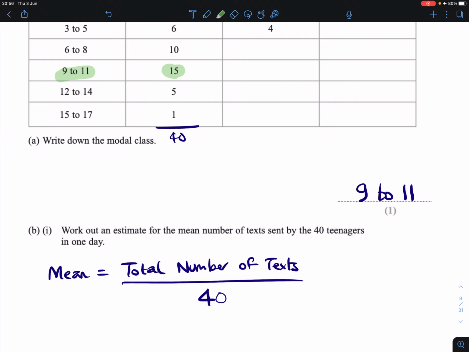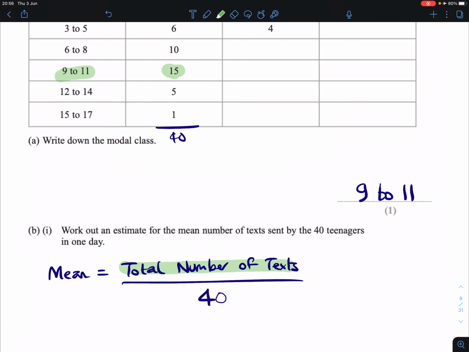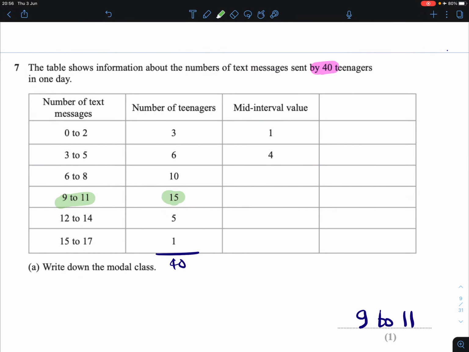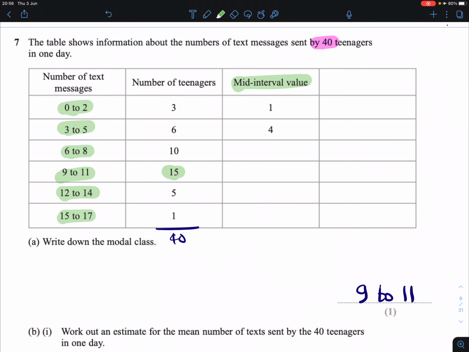To get the total number of text, we've got a bit more work to do. We're going to have to find what all of the text in each of these groups add up to. The problem is that we've not been given exact values. We've been given a group, a class, which is why it has the word estimate in the question. Well, that's where this mid-interval value comes in.